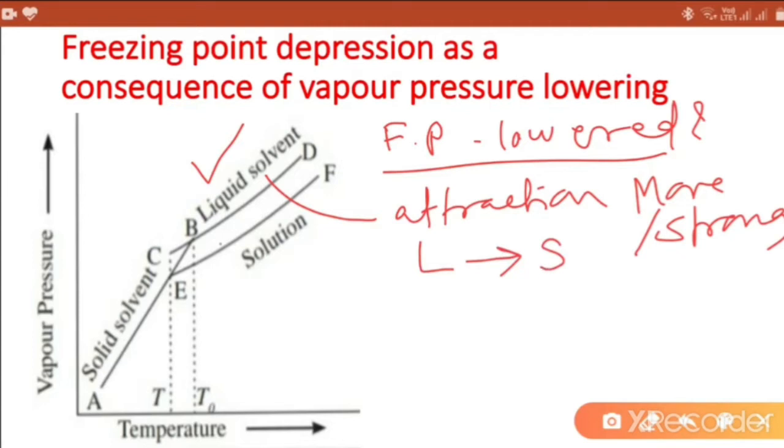And in case of solution, solute molecules are separated from solvent and attractive forces are less.